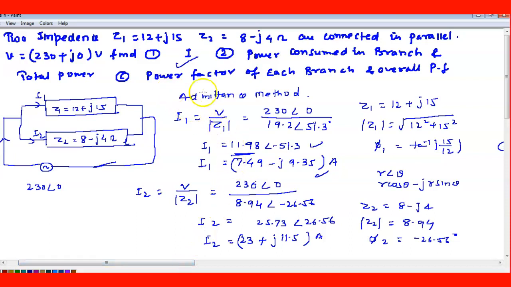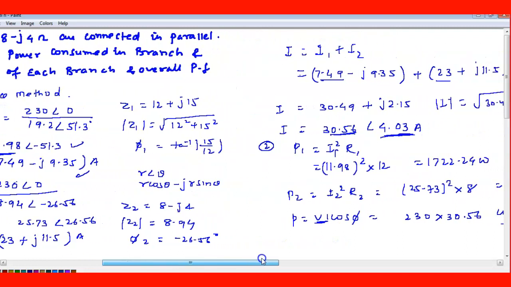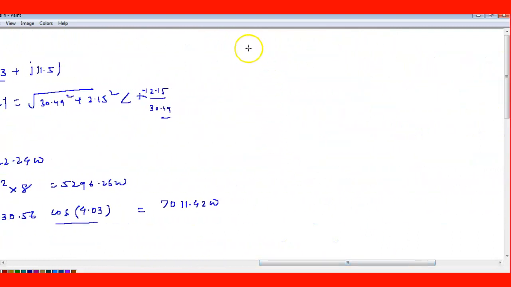Then another part here is given: the power factor of each branch and the overall power factor. So the power factor in each branch; consider the first branch. We know that power factor is equal to cos phi, that also is equal to R by Z. So write R1 by Z1.